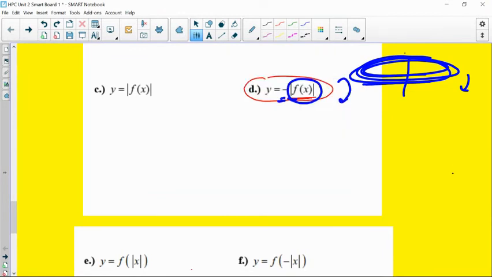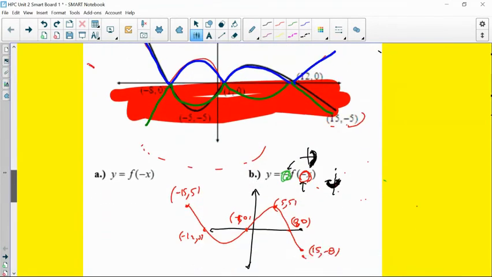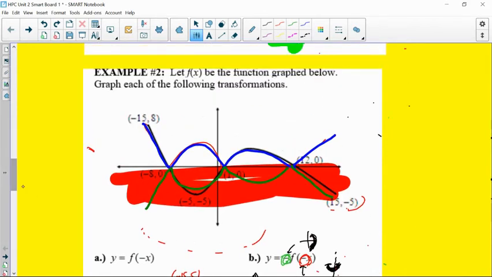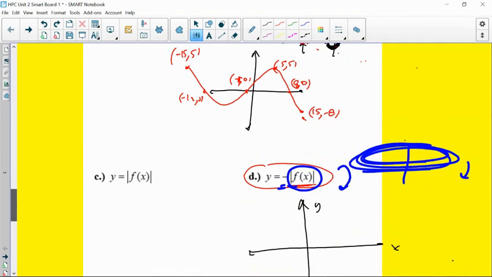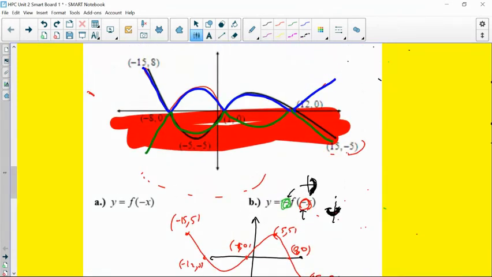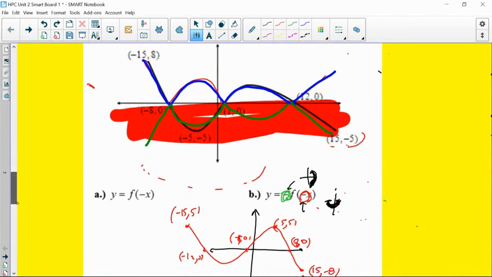Let me get the x-y axis here. X and y. And remember, I'm just replicating that green. So this negative 15, 8 becomes negative 15, negative 8. Or maybe it's down here more, I don't know. And then you do two little valleys.